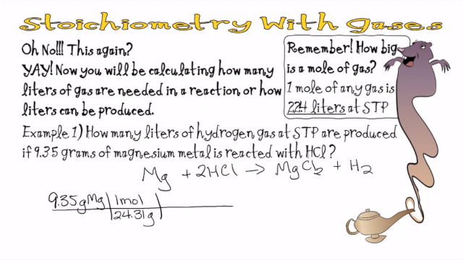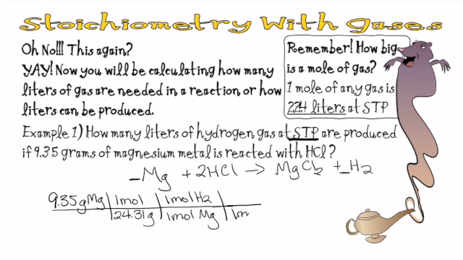Then we use our balance numbers. So we're looking at magnesium to hydrogen. So 1 mole of hydrogen compares to 1 mole of magnesium. And now we need to get to liters. So this is the new step. Since this gas is at STP, we can use 22.4 liters per mole.